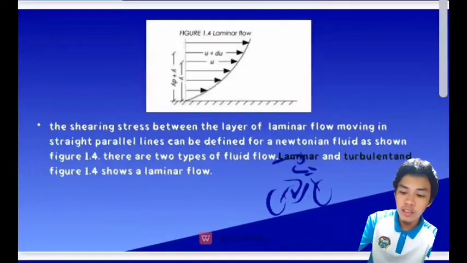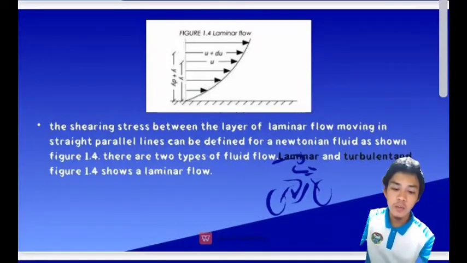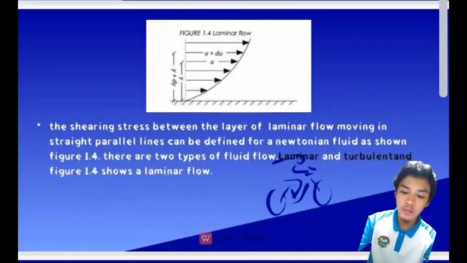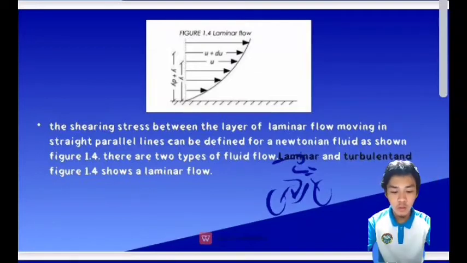Overall, the shearing stress between the layers of laminar flow moving in straight parallel lines can be defined for a Newtonian fluid, as shown in figure 1.5. There are two types of fluid flow, laminar and turbulent. Sa laminar flow, na-move siya horizontally, tapos smooth lang and slow, kaya straight lang siya.